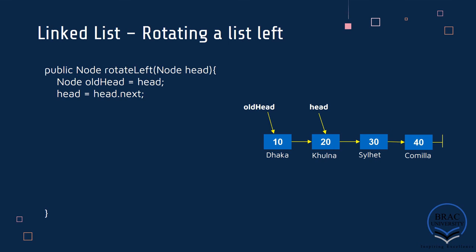Okay, so head is moved to 20. After that I will need a tail reference which will go through the list and find the last valid element. So here I assign tail as my head, so tail will appear here. Okay, and I will go through the list finding the last valid element using tail.